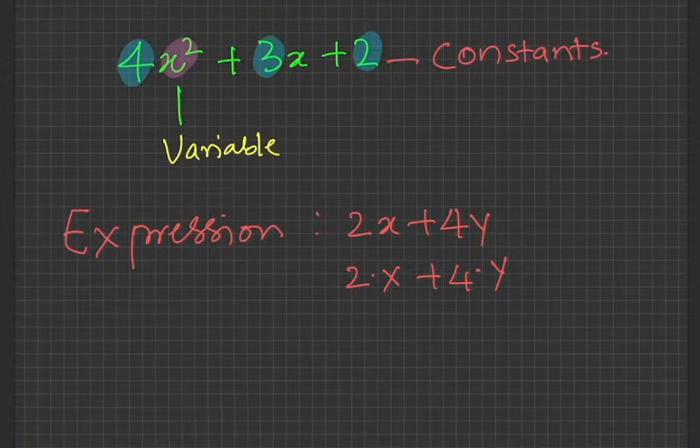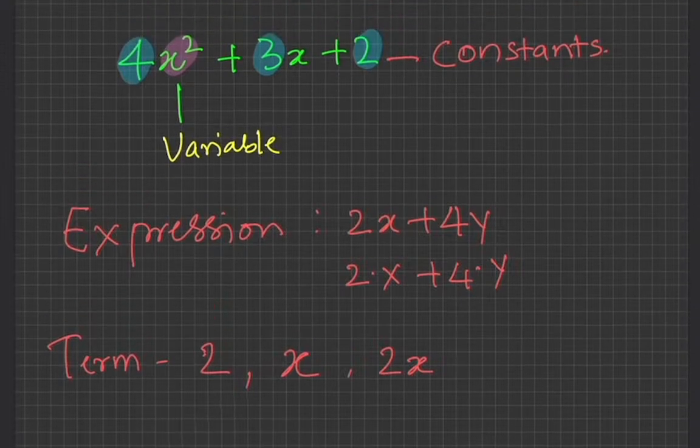Okay. So here 2x is called a term. A term can be a constant, let's say something like 2, right? Or it can be a variable, let's say like x, or it can be a combination of both, let's say 2x, right?